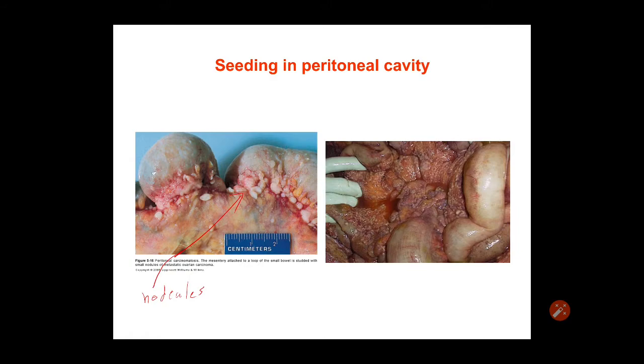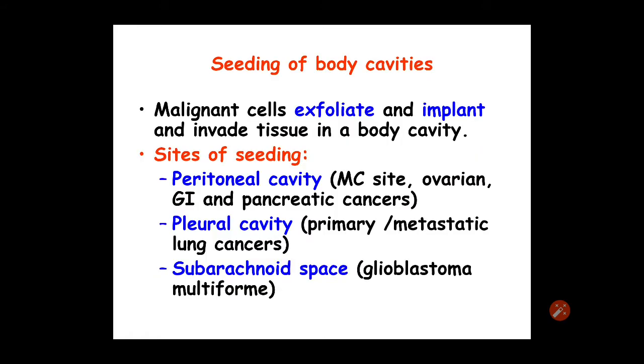The same exact thing happens with the pleural cavity and with the CSF. The minute that those tumor cells break out, reaching this body cavity, they will be on their way to being implanted somewhere else.